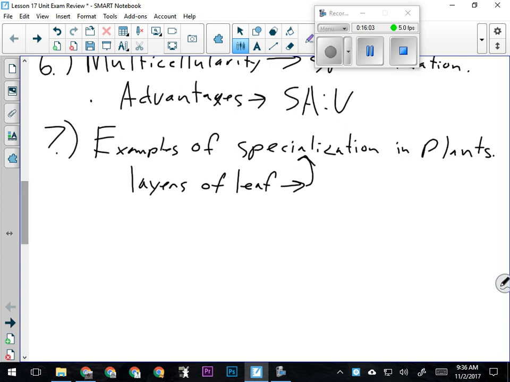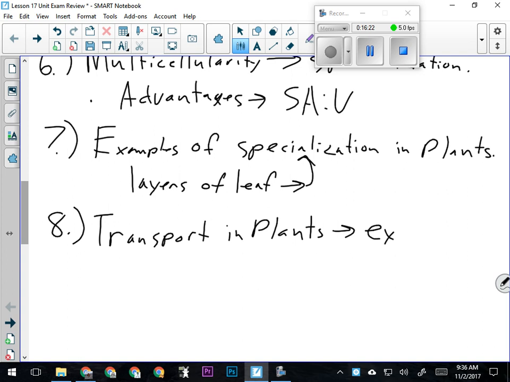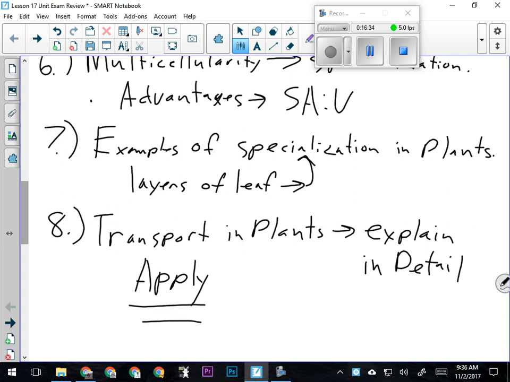And so then the next natural step from that was to talk about all the parts of the plant. Do you need to be able to talk about how a plant transports water? There's going to be a situational question about plant transport.